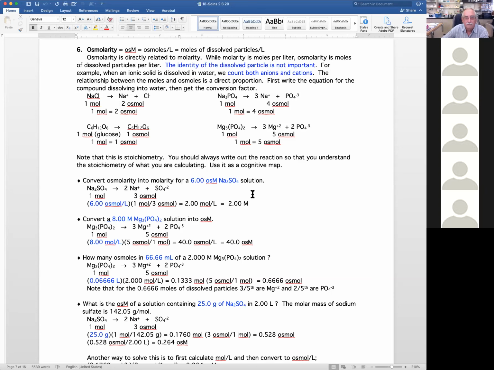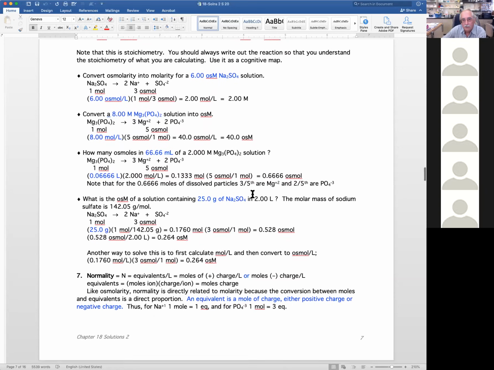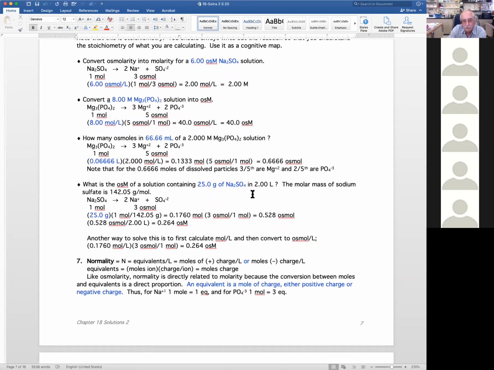So we can convert back and forth between osmoles and moles, and between osmolarity and molarity. So convert osmolarity into molarity for a 6 osmoles per liter sodium sulfate solution. I have to write this out to get the conversion factor between moles and osmoles. And then you can see I'm just canceling out osmoles and keeping moles.